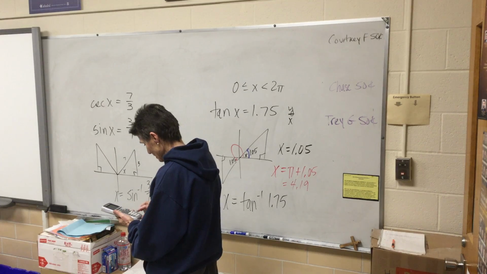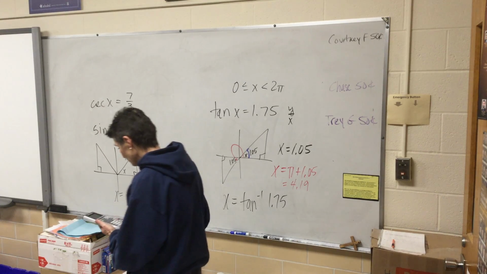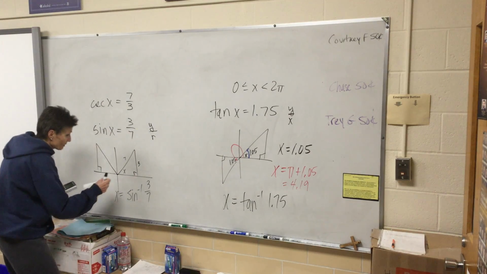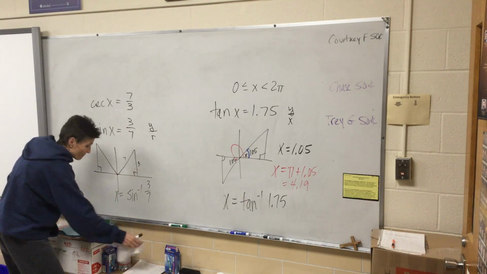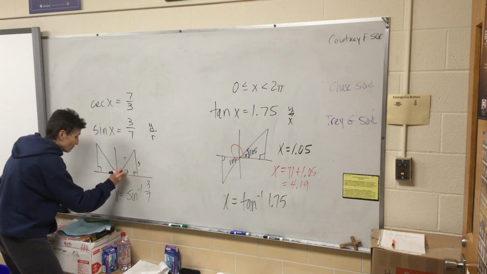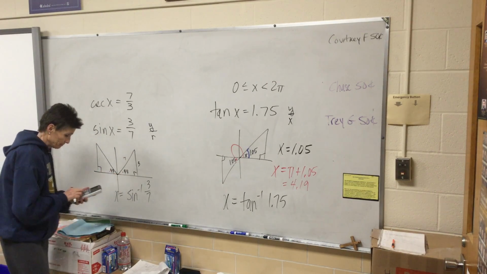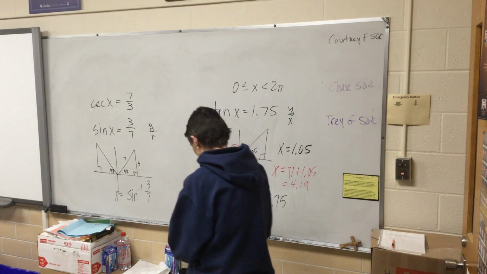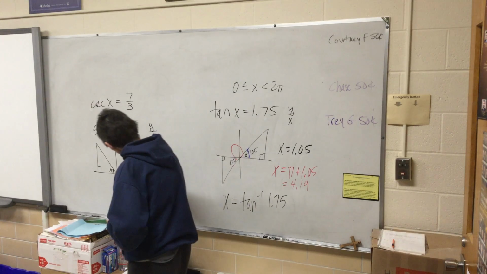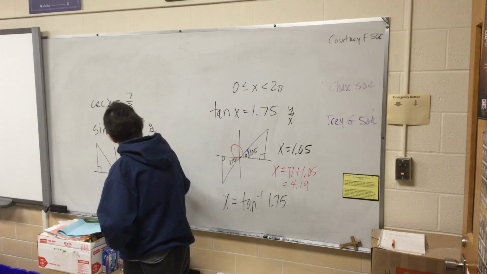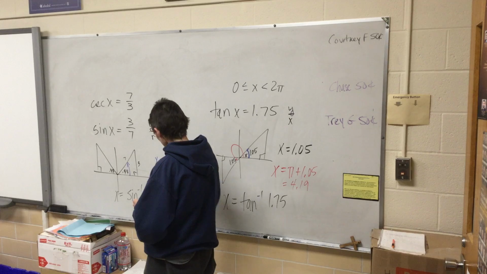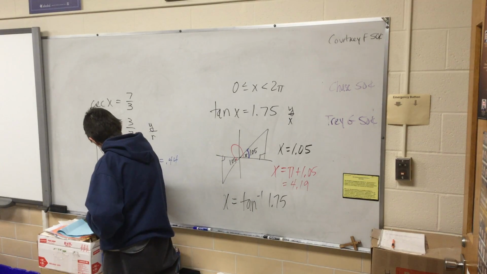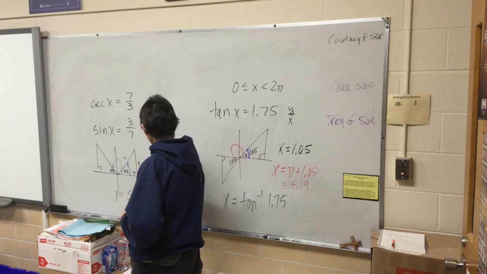So second sine 3/7, 0.44. So my reference angle, which comes straight from the calculator, is 0.44. My answers will be the blue angle, which is 0.44, and then the green angle, which is not 0.44.